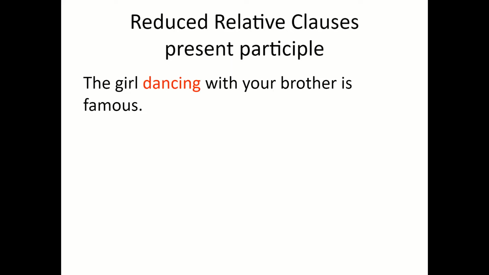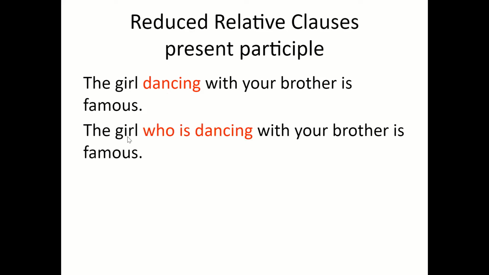Last thing we're going to talk about is reduced relative clauses. So with the present participle, we have the girl dancing with your brother is famous. We have dancing here as a present participle, but it's actually a relative clause in disguise. It's the girl who is dancing.